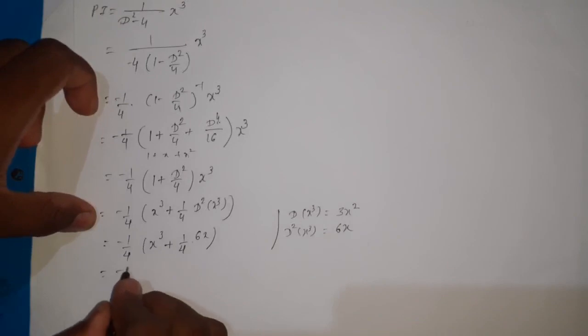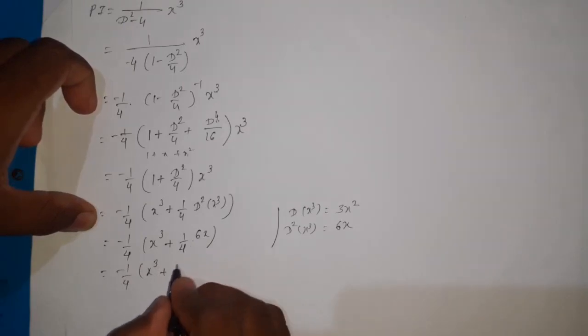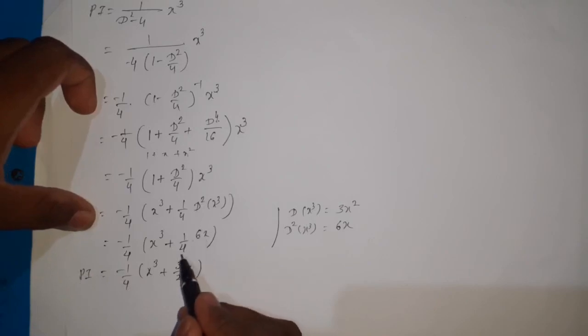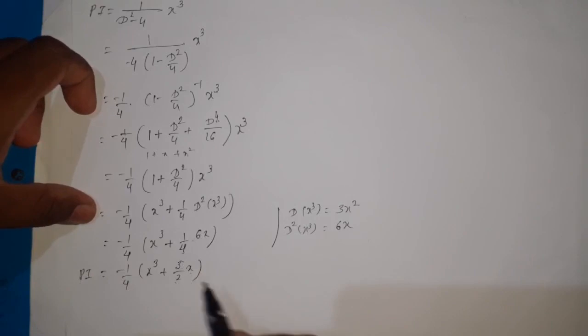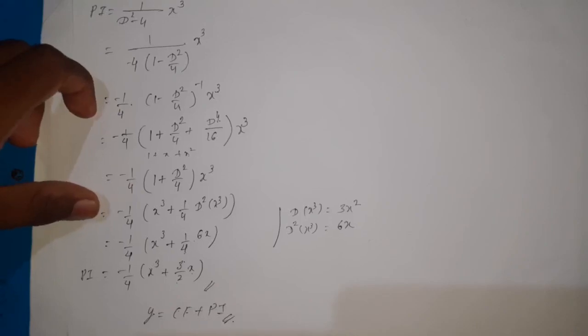Then simplify this one, minus 1 by 4 x cube plus, here this is 3 by 2 x, because 2 3s are 6, 2 2s are 4, so that becomes 3 by 2 x. Now this is the required particular integral. So after getting the particular integral, write the complete solution. y is equal to CF plus PI.